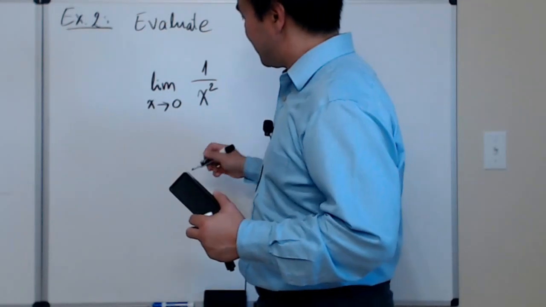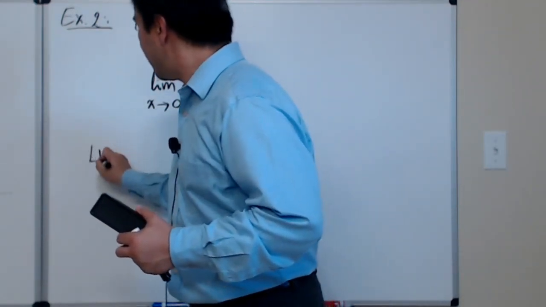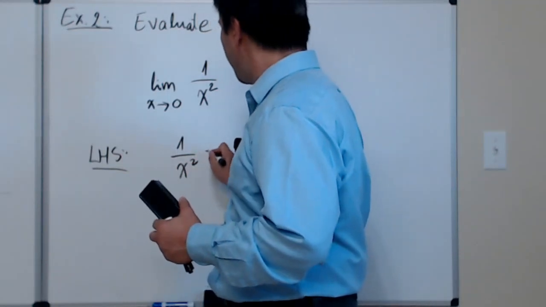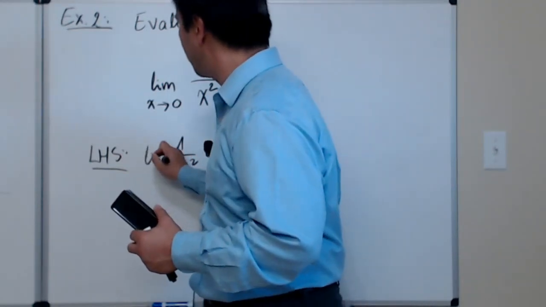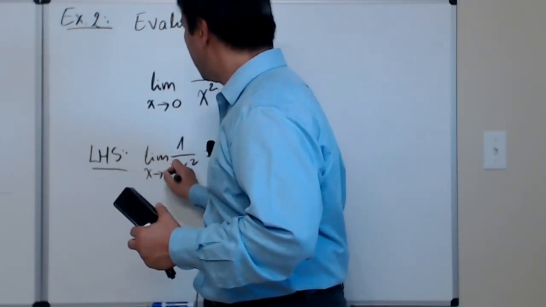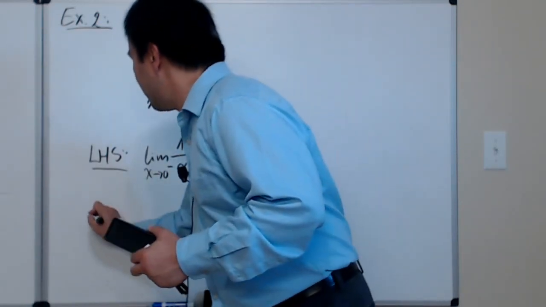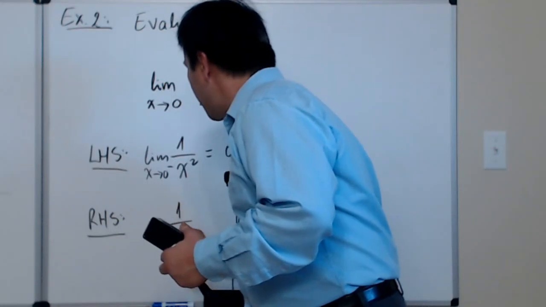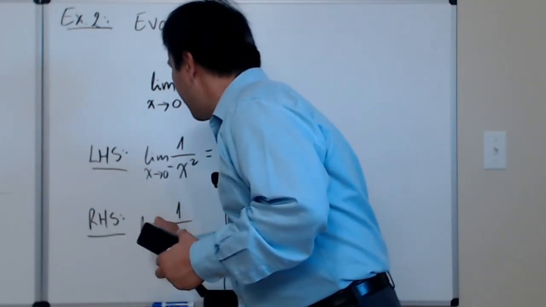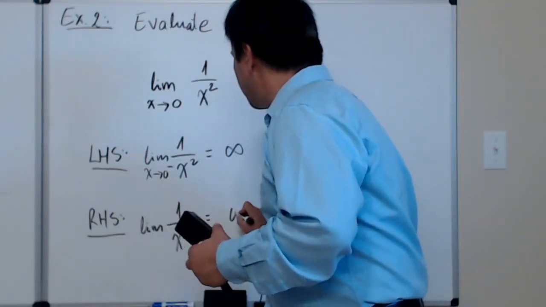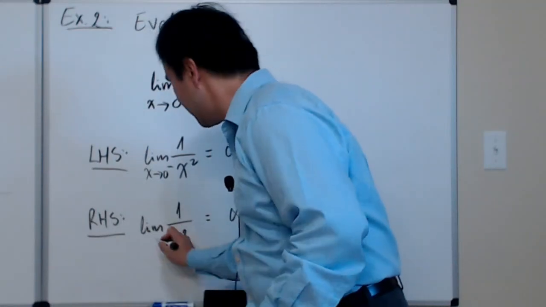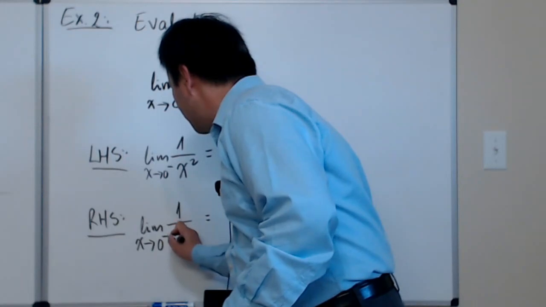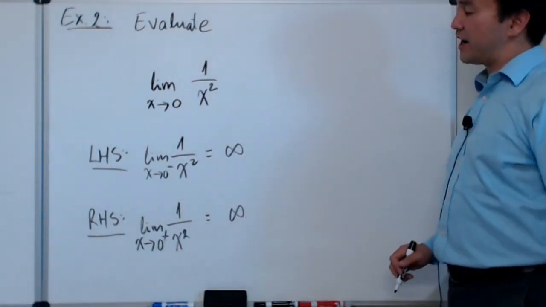So in the end, from the left hand side, this function went to positive infinity as x gets close to 0, and from the right hand side, 1 over x squared as our function came to a limit of positive infinity as well, when x was getting close to 0 from the right hand side.